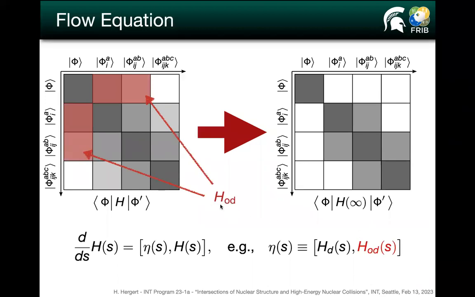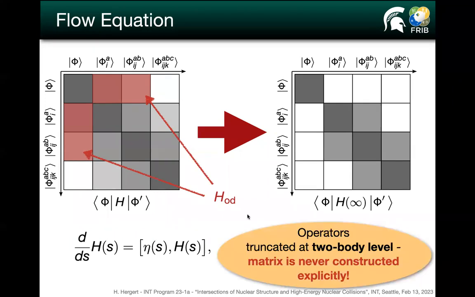And then I want to define the off-diagonal parts of the Hamiltonian to consist of these particular operators that couple the reference state to one-particle, one-hole, and two-particle, two-hole excitations. I can define my Hamiltonian in this way. And then there are particular two-body operators that are responsible for this coupling.